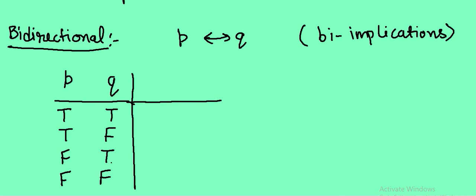These are the four possible combinations: both true, one true, or both false. So P if and only if Q, or biimplication. I think you have an idea that sometimes in our mathematics classes in school, teachers told us this is read as if and only if.